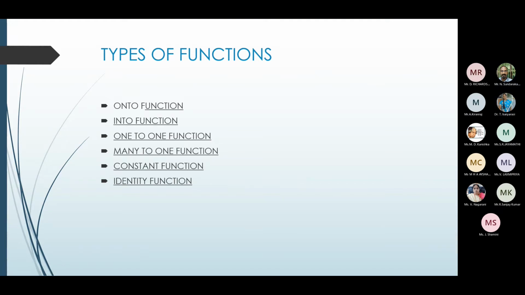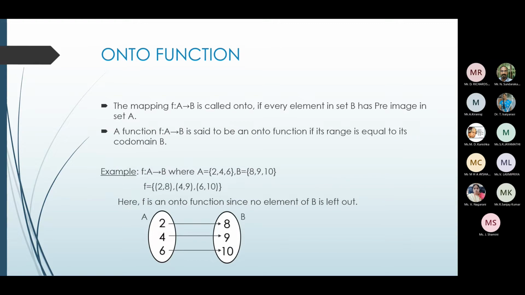Proceed. Good afternoon, everyone. So let's see the types of functions as he classified. First of all, onto function. The mapping of a function from A to B is called an onto function. Consider sets A and B, the domain and codomain, in which the domain elements are mapped to all the elements in the codomain.